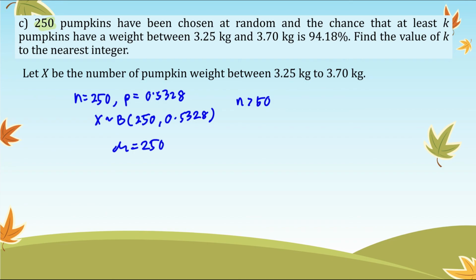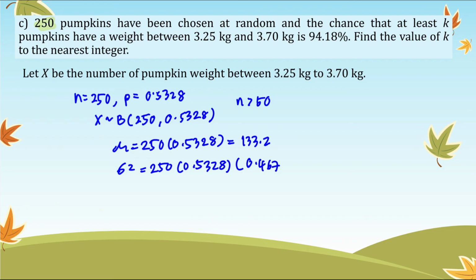So mean N times P, the value is 133.2. For variance, NPQ. Our Q is 1 minus P. Q is 0.4672. Variance is 62.23104. We can write normal distribution with mean and variance.